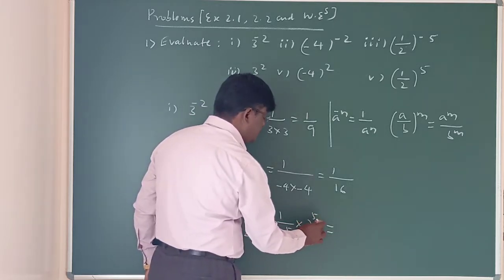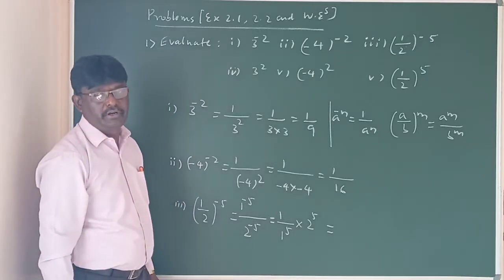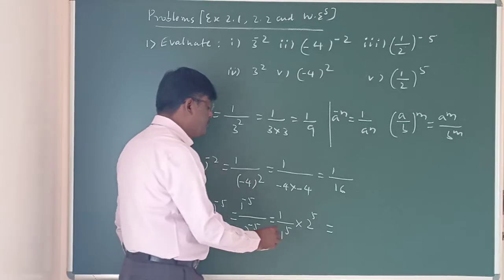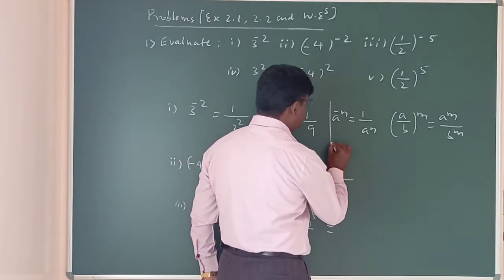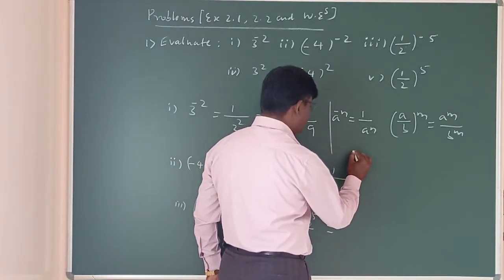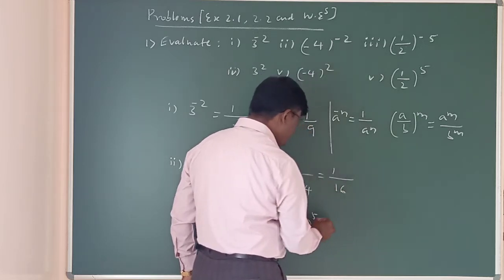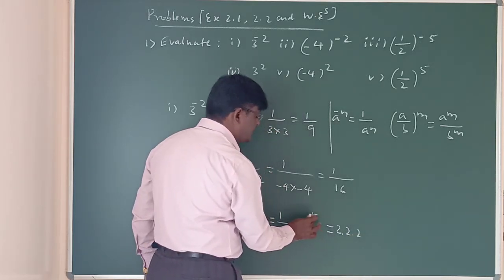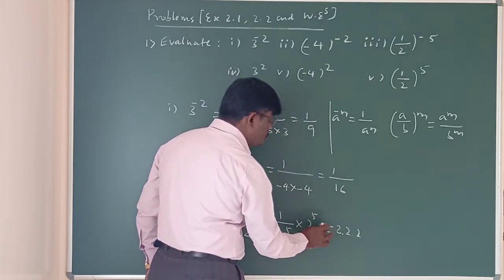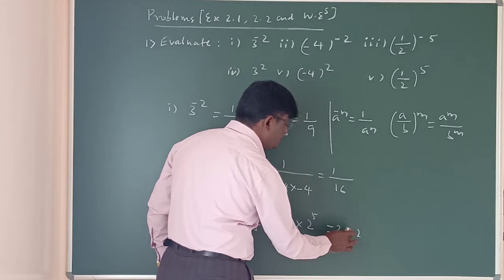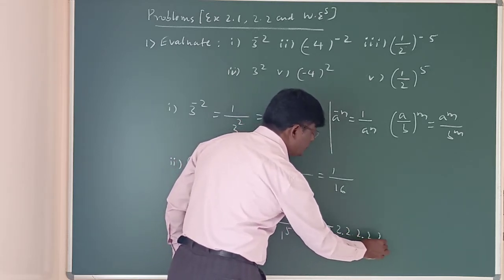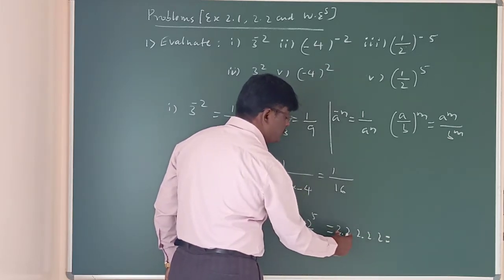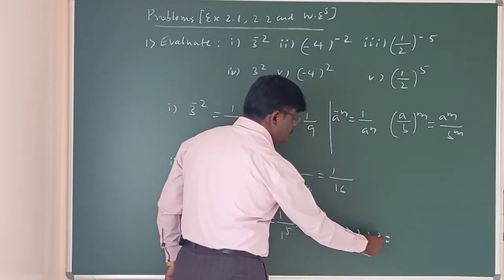Hence, 1 power 5 means what? 1 into 1 into 1 into 1, it makes no difference, the product is 1. 2 power 5, we know what? 2 power 5 can be expanded as 2 into 2 into 2 into 2 into 2, this exponent indicates that 2 is repeated 5 times. 2 twos are 4, 2 twos are 4, then 2. 4 fours are 16, into 2, 32.